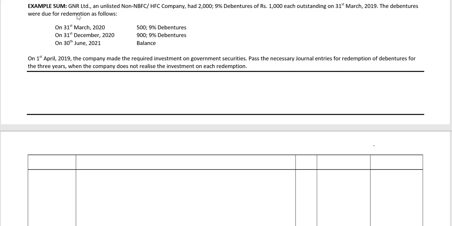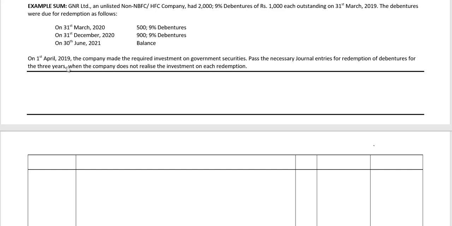Example sum: GNR Limited, an unlisted non-NBFC HFC company, had 2009% debentures of rupees 1000 each outstanding on 31st March 2019. The debentures were due for redemption as follows: on 31st March 2020, 509% debentures; on 31st December 2020, 909% debentures; and on 30th June 2021, the balance.